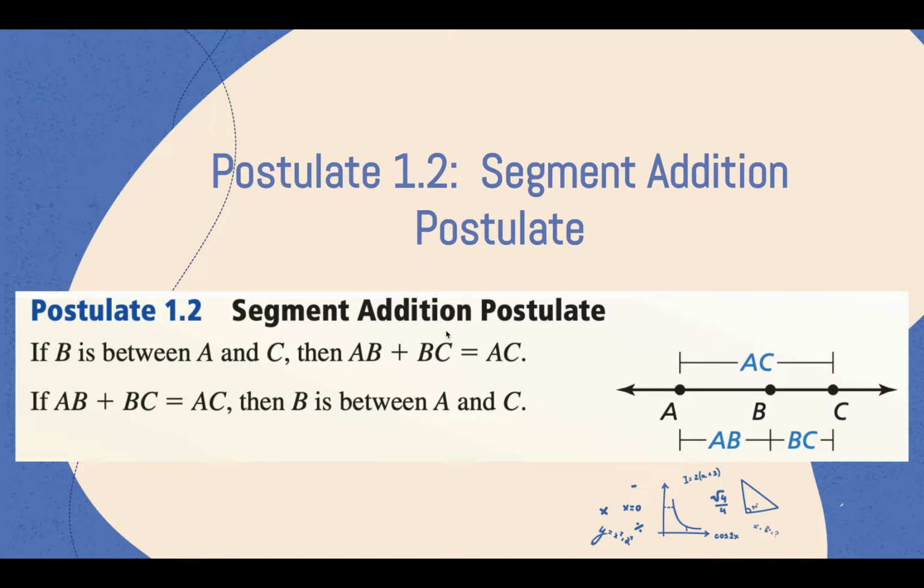If you put a line above this, that would be wrong, and you would not get credit for that. Also, if AB plus BC equals AC, then B is between A and C. I think this is pretty intuitive. This number is made up of this number plus this number.